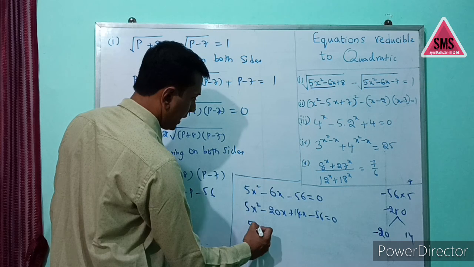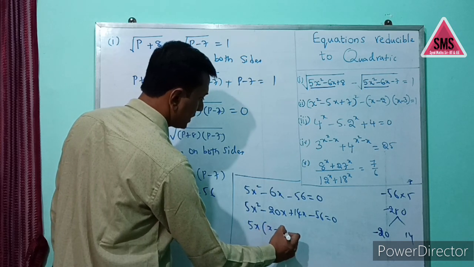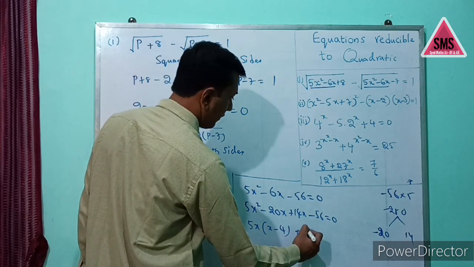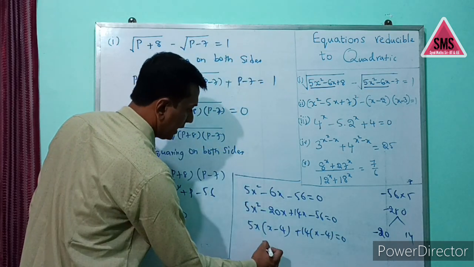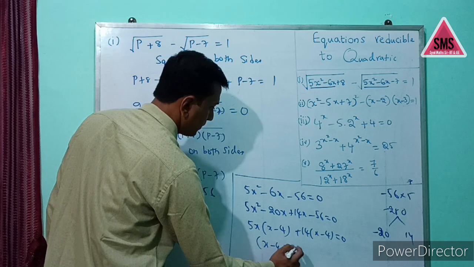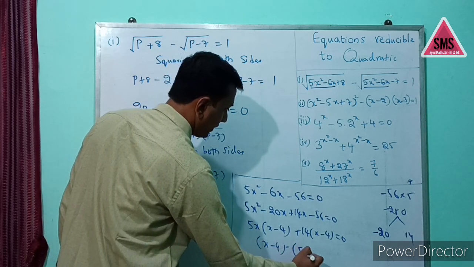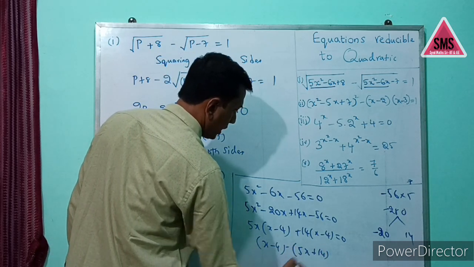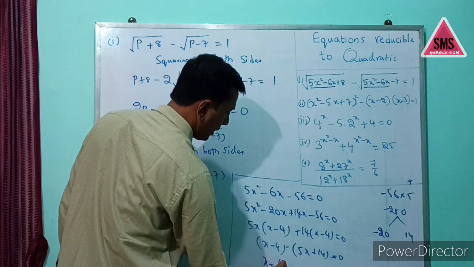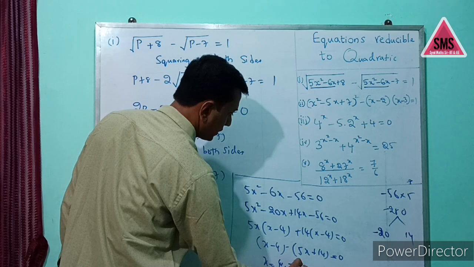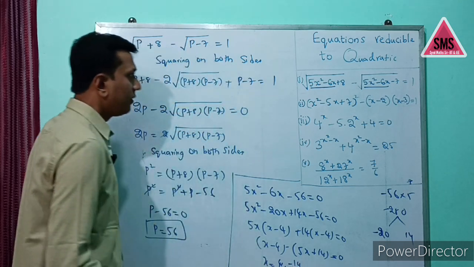Now 5x is common, x minus 4 will be left. Again here 14 is common, x minus 4 will be left. Again when you take x minus 4 common, you will be left with 5x plus 14. Now you will get x equals 4 as well as x equals minus 14 by 5.